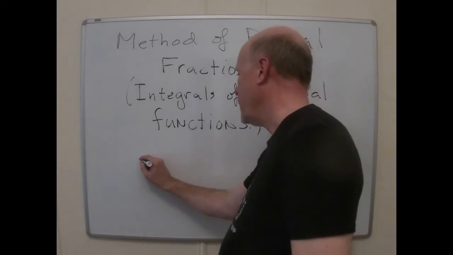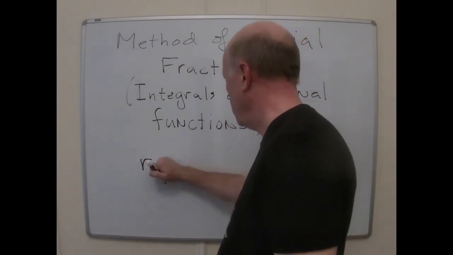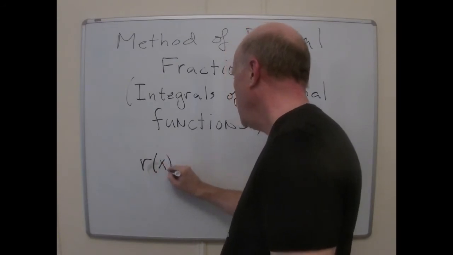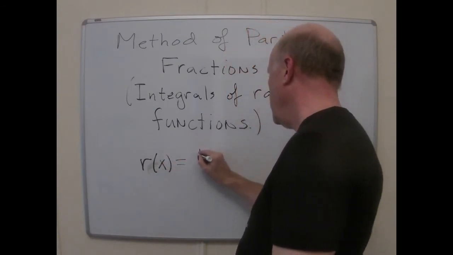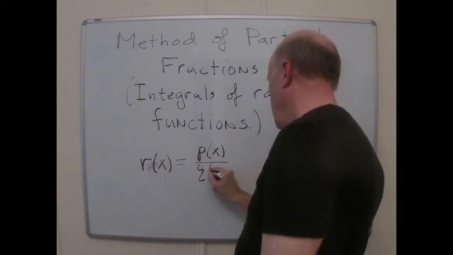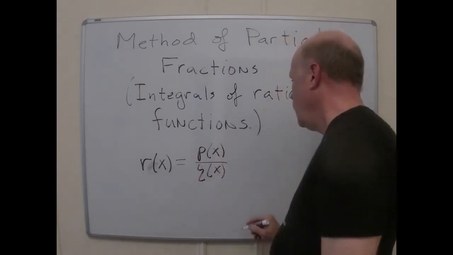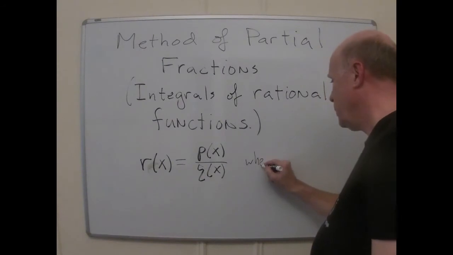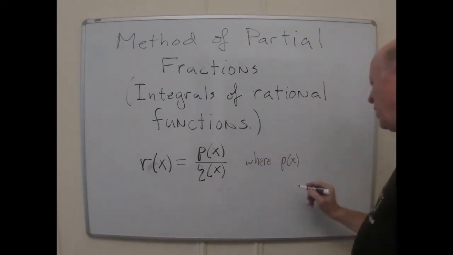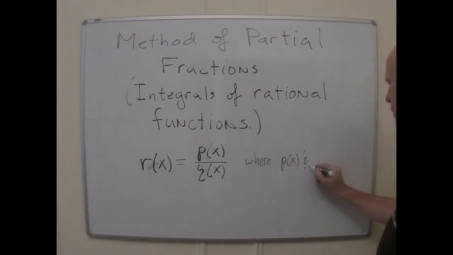So you might say something like r of x is equal to, say, p of x over q of x, where p of x and q of x are polynomials.